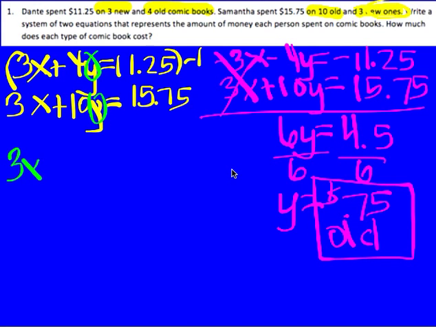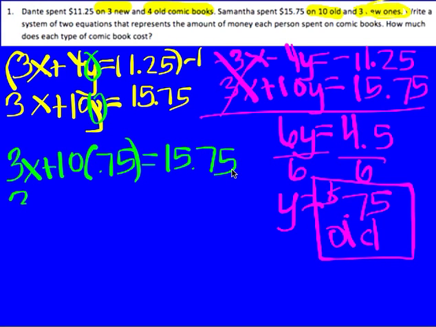I get 3x plus 10, and now I take out the y and put 75 cents in instead, is equal to 15.75. So then I get 3x plus 7.5 is equal to 15.75.